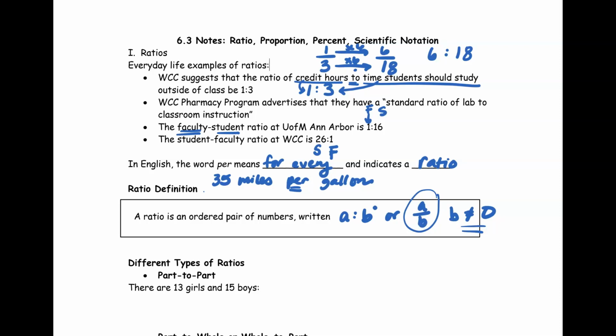For example, if you were watching a basketball team throughout the season and their ratio of wins to losses was 5 to 0, that would certainly be reasonable, because that would be 5 wins and 0 losses. But mathematically, since a ratio can be written as a fraction, we add that note that B can't be 0.